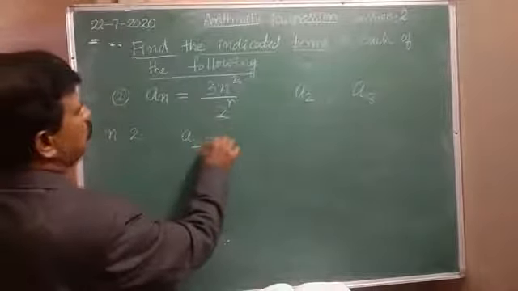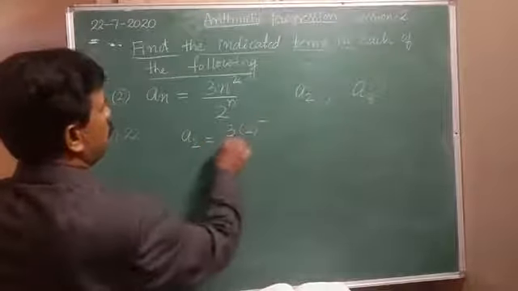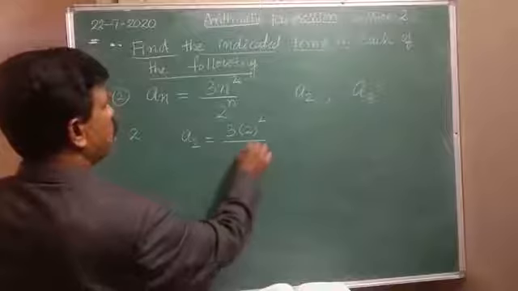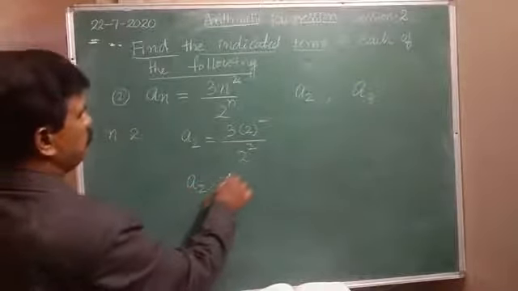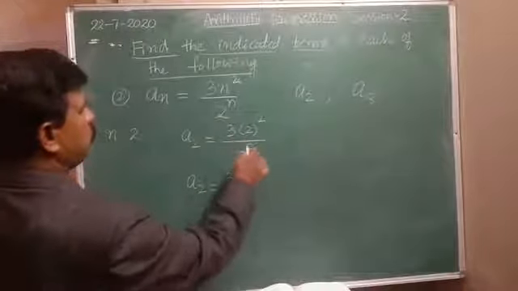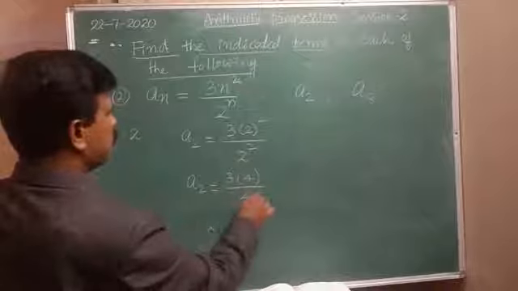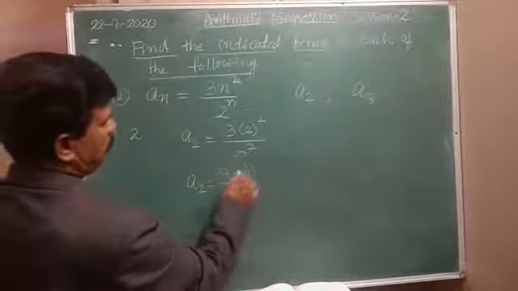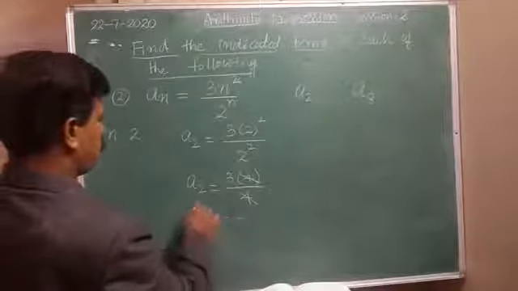A2 equals 3 into 2 square, whole divided by 2 to the power of 2. Now A2 equals 3 into 4, divided by 4. Here you can cancel it. Therefore A2 is equal to 3.